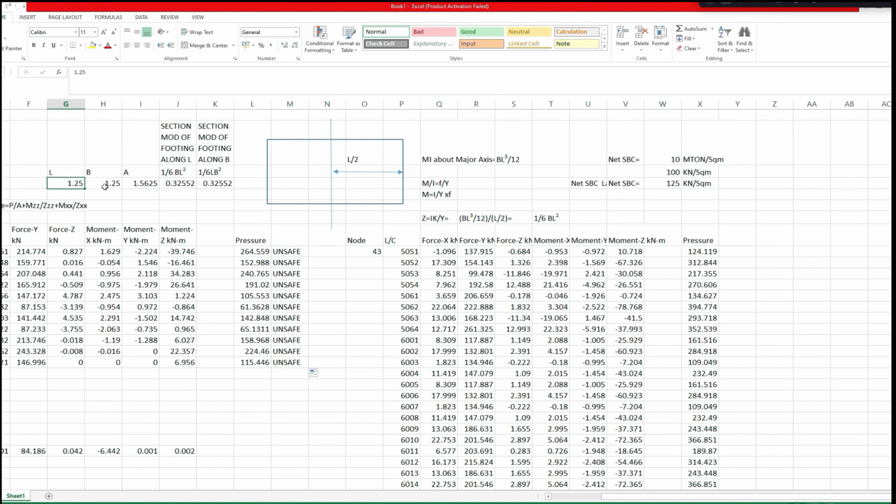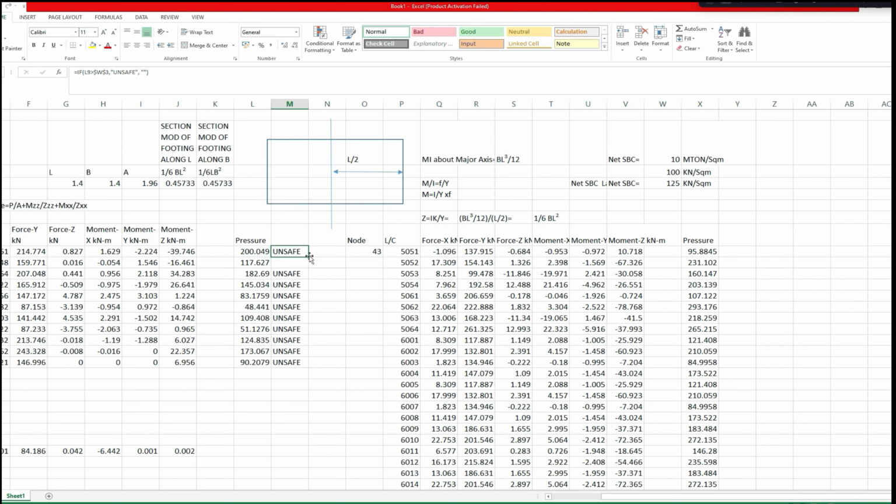So let us make it 1.4 by 1.4. Here we have to put a dollar sign again. W3 is F4 dollar sign.